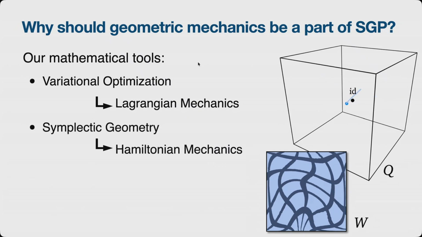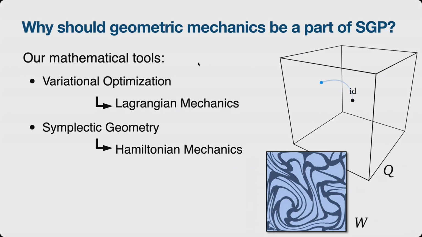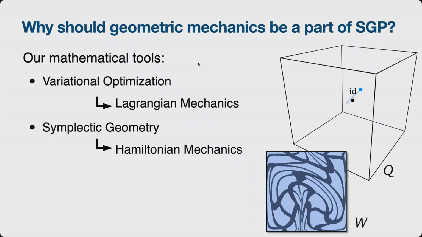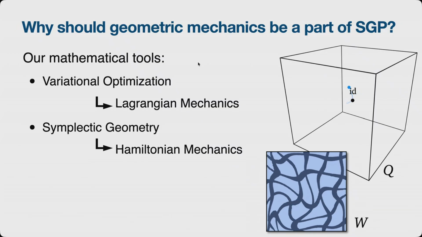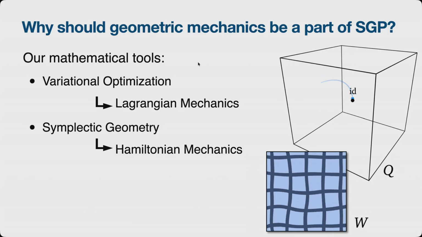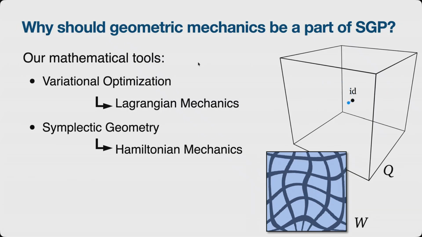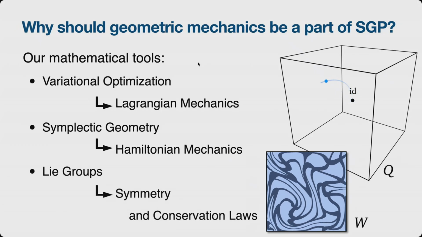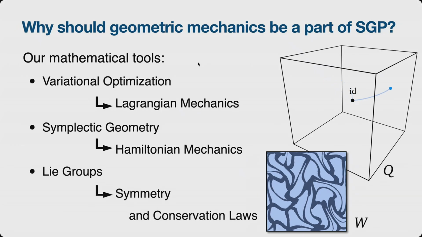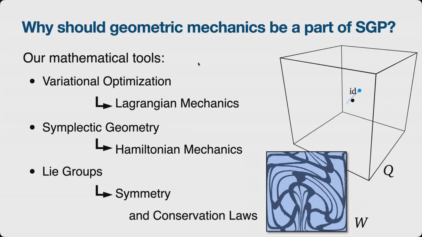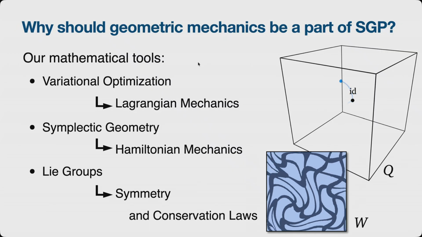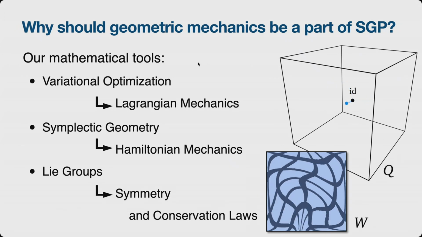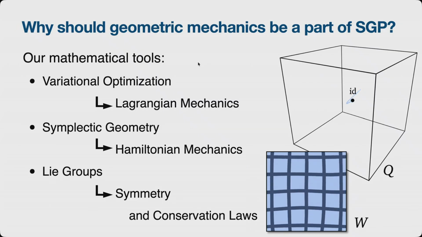And then we have symplectic geometry, which you can see as a cousin of Riemannian geometry, where instead of having a Riemannian metric that measures distances, we have something called a symplectic form that measures a notion of area. And we also will use Lie groups, which are the natural language to describe the change of states in a lot of physical systems. And this will give rise to a lot of symmetries and conservation laws. And these are what we're going to try to preserve.